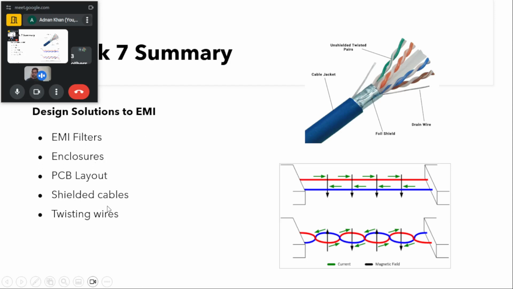The other solution is to have shielded cables. You can see here at the top, we have a number of braided wires, and these braided wires are then enclosed in a foil shield. The main purpose of this shielding is that if we have two wires next to one another, and some magnetic field is being generated from one wire, that should not affect the other line as well.